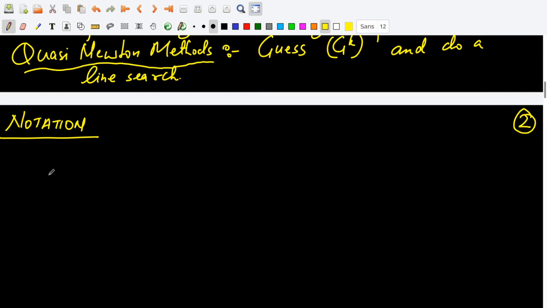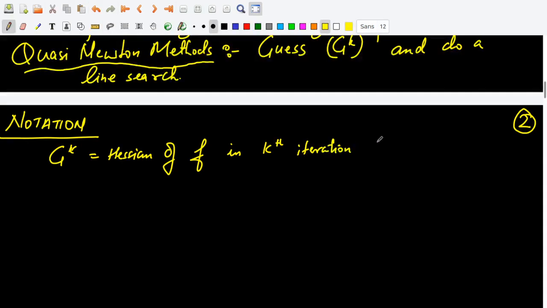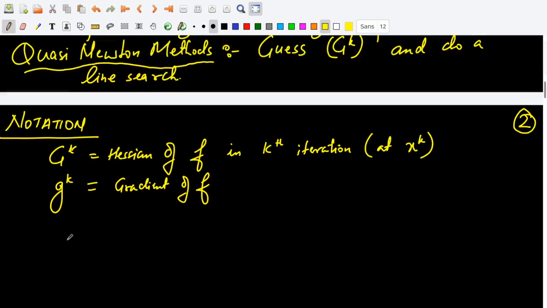As earlier, Gk is the Hessian of f in the kth iteration, that means at xk, and gk is the gradient of f.